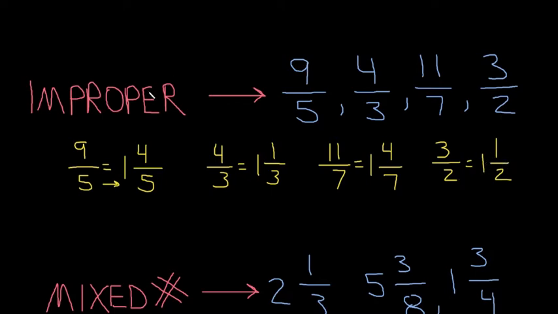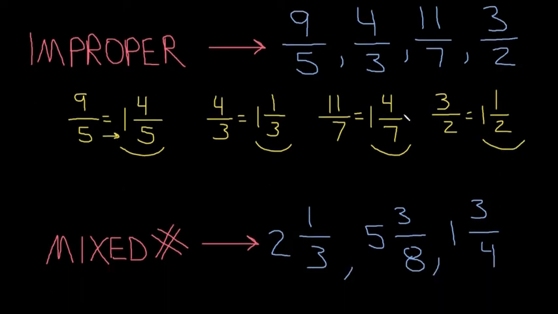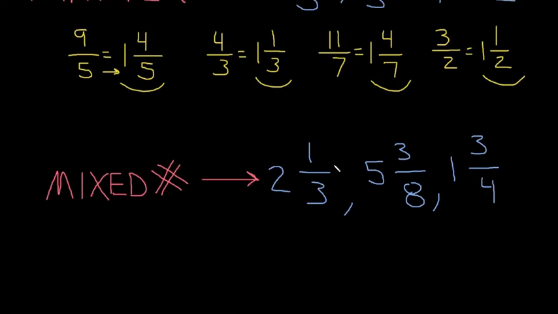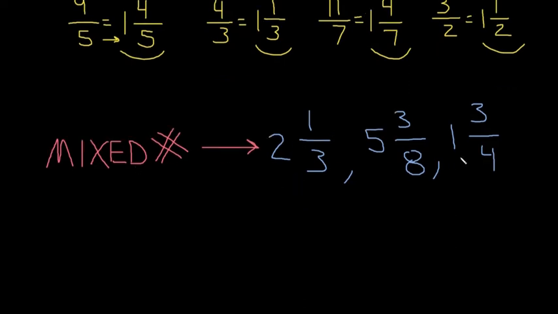Now you'll notice because these are impropers, their values are always greater than 1. And we've turned these impropers into mixed numbers. Now, I've also made some other mixed numbers here, and we're going to convert these mixed numbers back into impropers. The way you do that is you take the whole number and multiply it by the denominator.